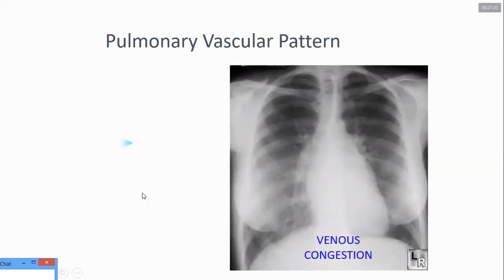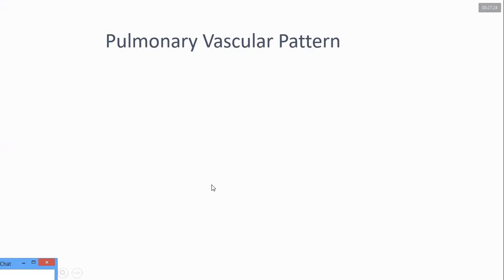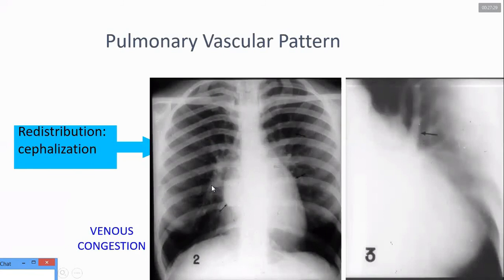And similarly, look at the redistribution, or cephalization. In normal lungs, the vessels in the lower zone are more prominent compared to the apical vessels. See how the vessels in the apical region are comparable.